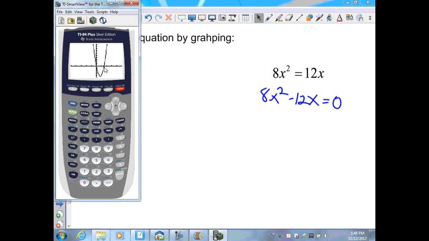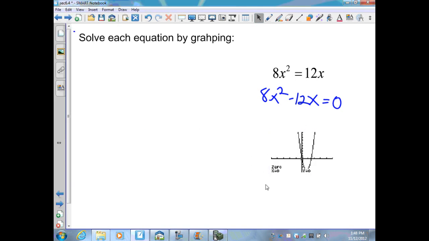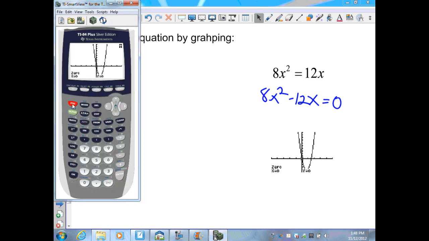Now I need to calculate those. And I'm going to do that as I have in the past by second calculate. And I want to find a 0. And remember what we do is we find the left bound, enter, right bound, enter, and then guess. So my first one is going to be 0, 0. And my next one, I want to calculate again by second calculate. And number 2, which is 0.